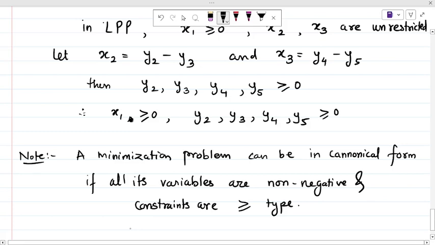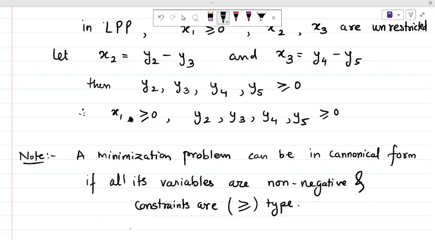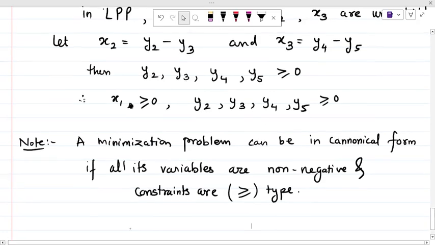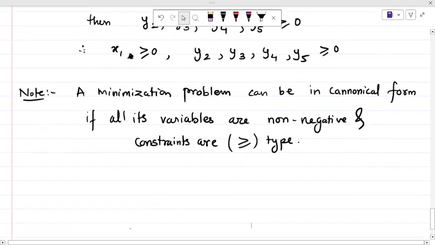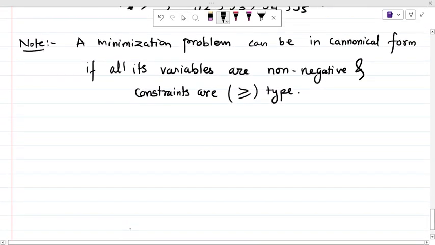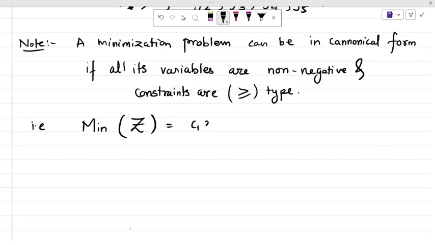Okay, so this is one very important thing. In the minimization case, we have to minimize z such that z = c1 x1 + c2 x2 + ... + cn xn.